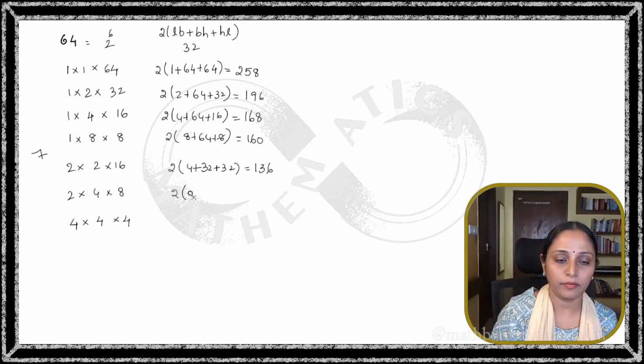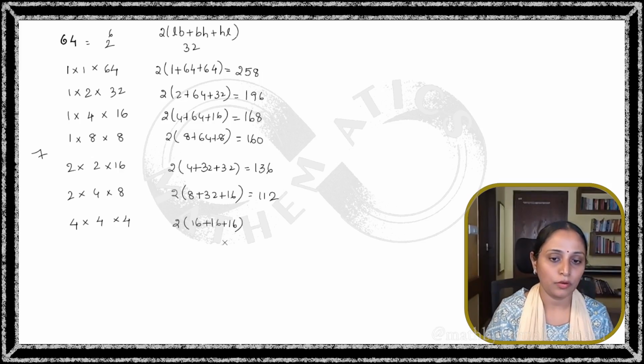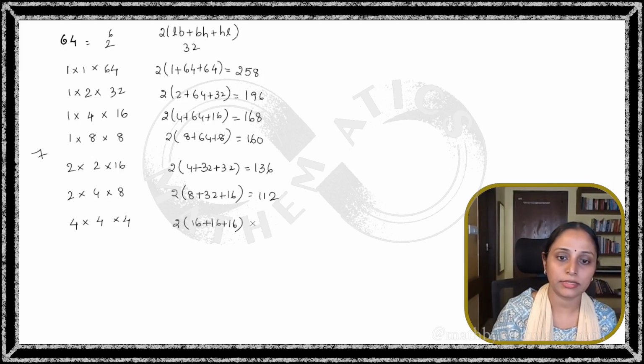And I have 8 plus 32 plus 16, and 56, twice of 56 is 112, and then I have 16 plus 16 plus 16. 16 threes is 48, twos, 96. You can see that the surface area is dropping.